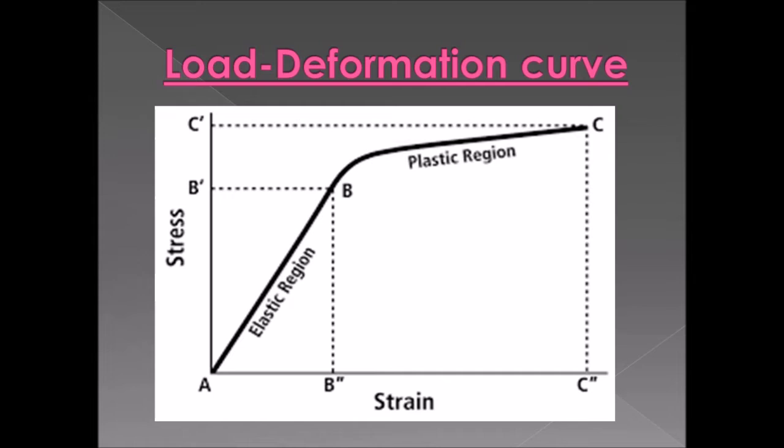It may cause fracture, microfracture, anything, but it will lead to failure of the bone under loading. Any load applied at this ultimate failure point is a failure load, because after that application of load, the bone or the tissue will undergo failure.